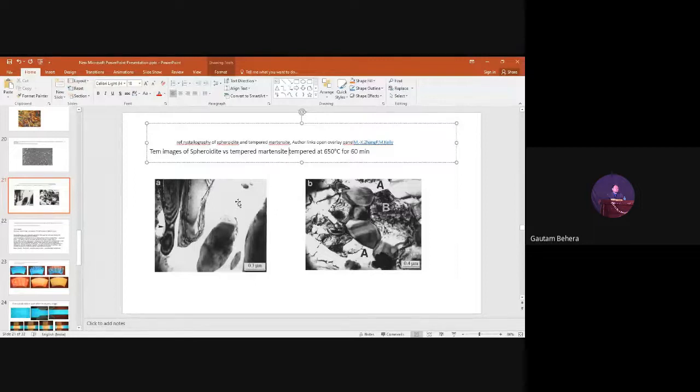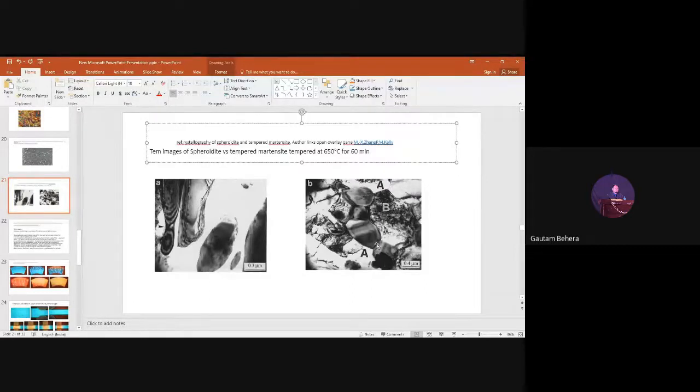The difference is in spheroidite, you can see these white phases or lighter phase. Lighter phase means no dislocations. A very small amount of dislocation is present. But here you can see very dark portions. That means it contains a lot of dislocations here. That is one difference, right? So tempered martensite has a lot of dislocations in the ferrite matrix, but spheroidite has none, or a lesser dislocation density.